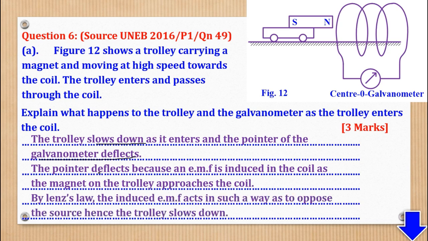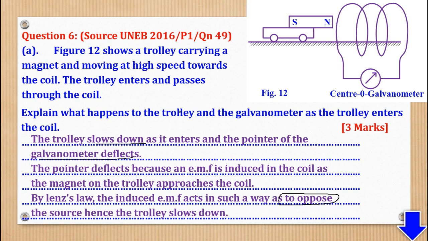So that explains why the pointer deflects, but I also have to explain why the trolley slows down. So we shall say that by Lenz's law, the induced EMF acts in such a way as to oppose the source, hence the trolley slows down.